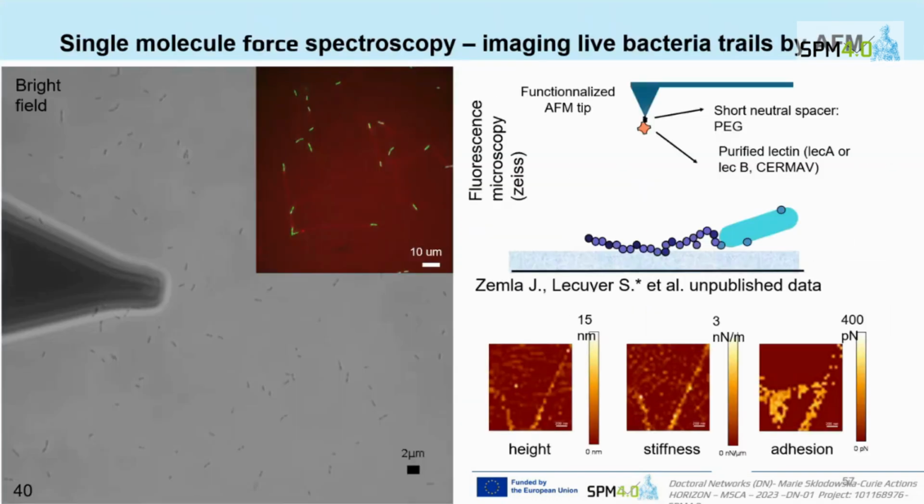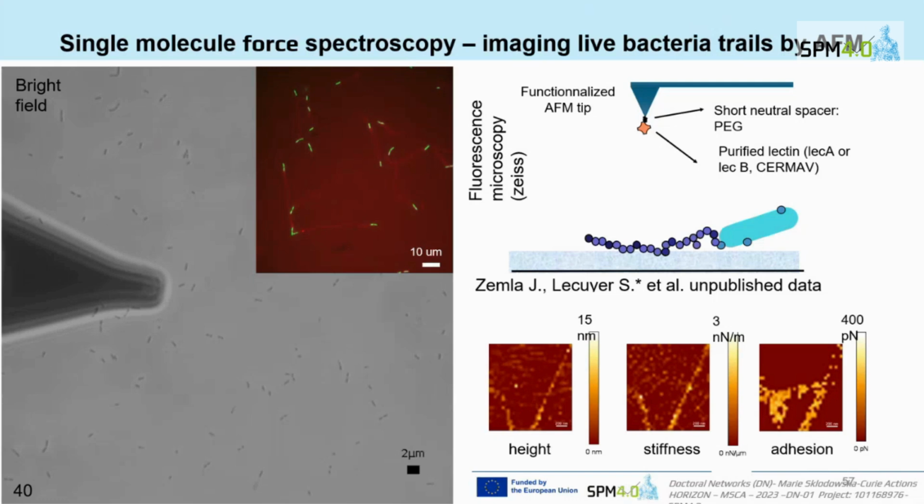So the last thing I wanted to show you, this is scanning of, this is single molecule force spectroscopy performed on bacteria trails. So bacteria at the first contact with the substrate start twitching, they produce their extracellular matrix, and this protein is deposited behind them.